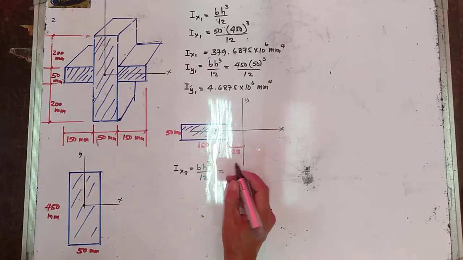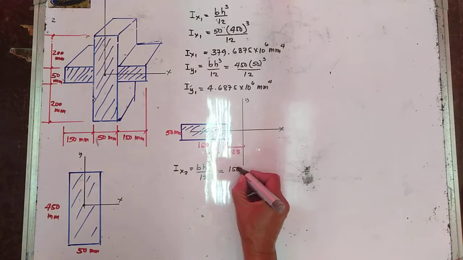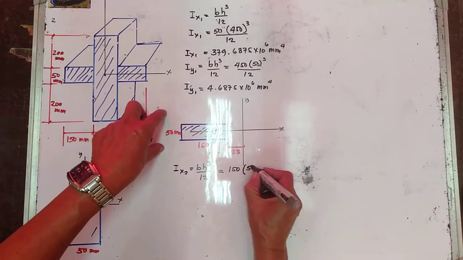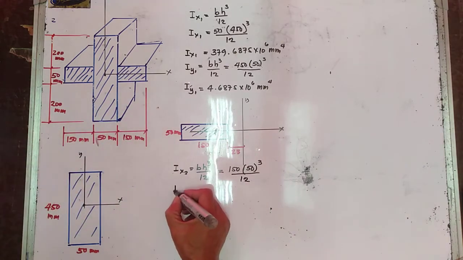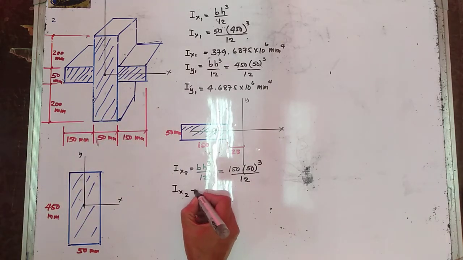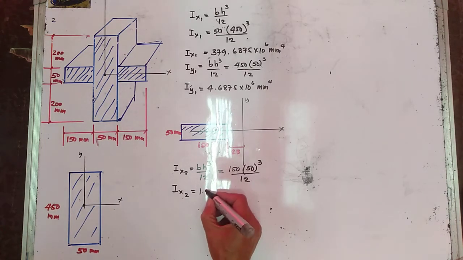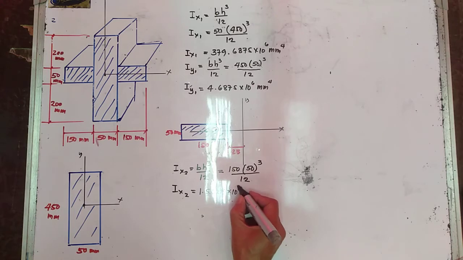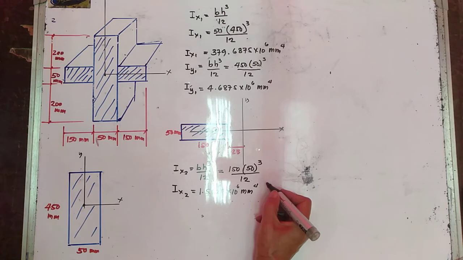Hence, b is 150, multiplied by 50 cubed, all over 12. So we have Ix2 equal to 1.5625 times 10 to the 6 millimeter raised to the 4.